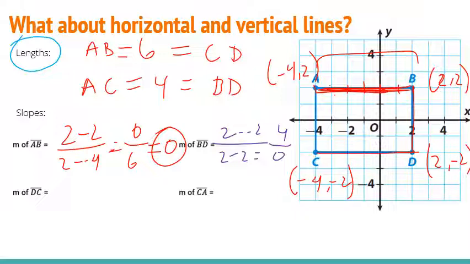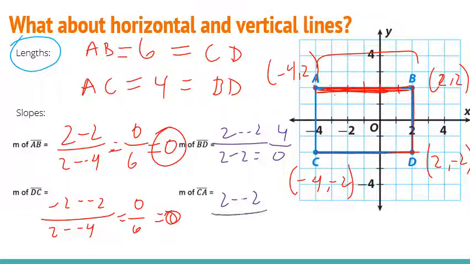You would have gotten -2 minus -2 over 2 minus -4 again. So you end up getting 0 over 6, which we already talked about is 0, right? And then for CA, you should have got something similar to BD. You have 2 minus -2 on top, and then -4 minus -4 on the bottom, which is 4 over 0.